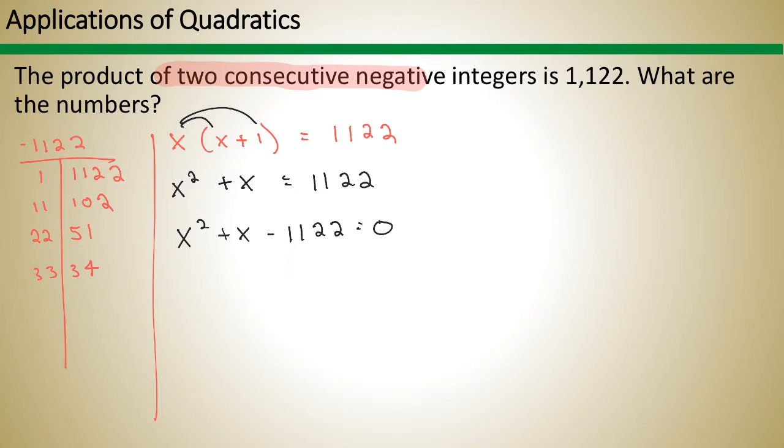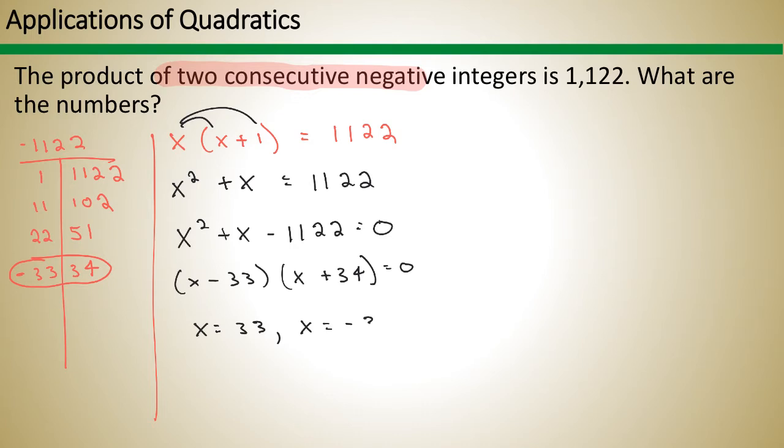I can make a positive 1 there with a negative 33 and a positive 34. So the factors of this are x minus 33 and x plus 34 equal to 0. My solutions would be x is equal to 33 and x is equal to negative 34.